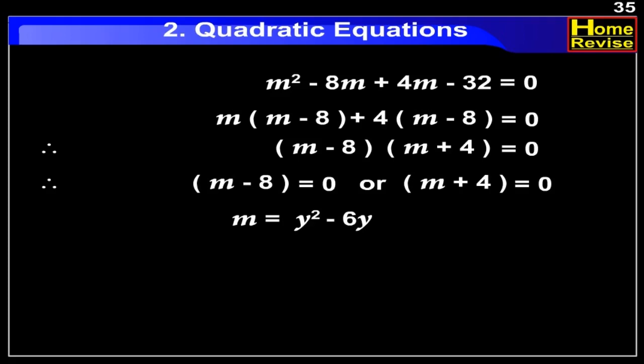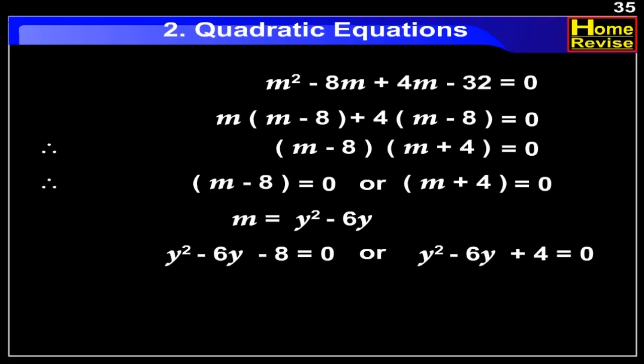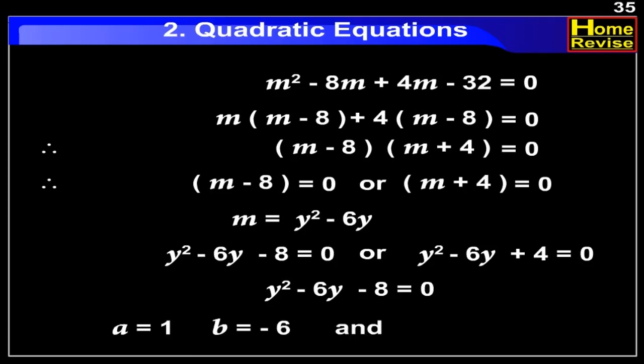Putting this value, we get y² − 6y − 8 = 0, or y² − 6y + 4 = 0. For the equation y² − 6y − 8 = 0, we have a = 1, b = −6, and c = −8.